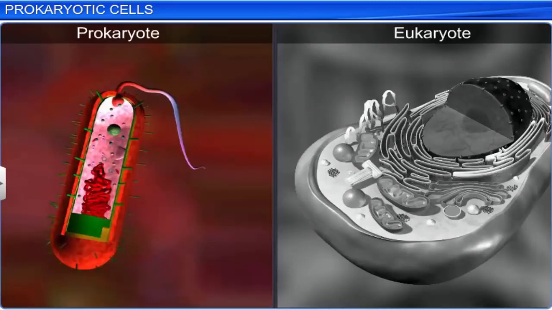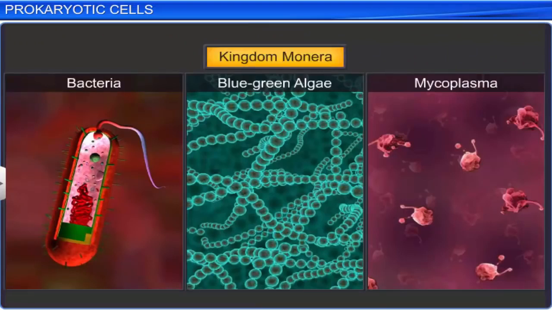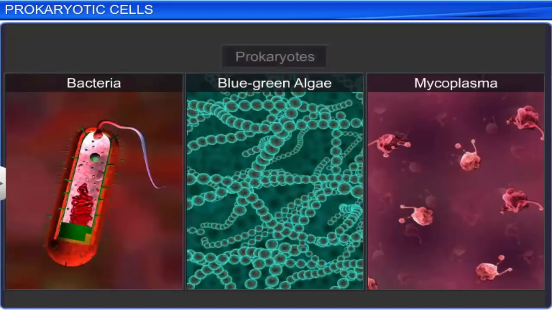Prokaryotes are smaller and multiply more rapidly than eukaryotes. All members of kingdom Monera, including bacteria, blue-green algae, and pleuropneumonia-like organisms or mycoplasma, are prokaryotes.